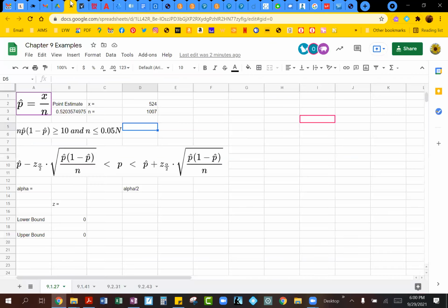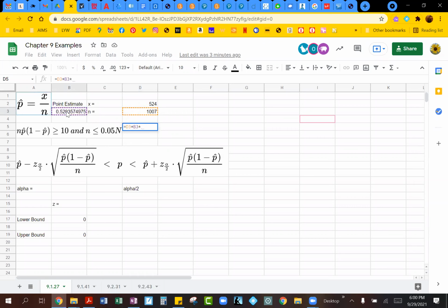So this is probably where I'm going to go back over here. And for the n times p hat, 1 minus p hat, let's go ahead and multiply. That's our n value, 1,007. We're multiplying it with our p hat value, which is this point estimate we just calculated.